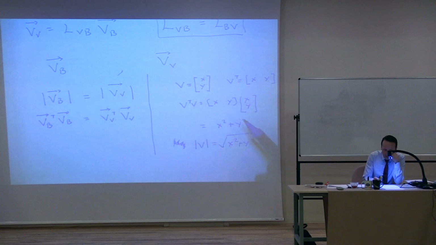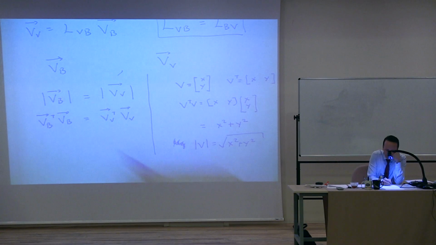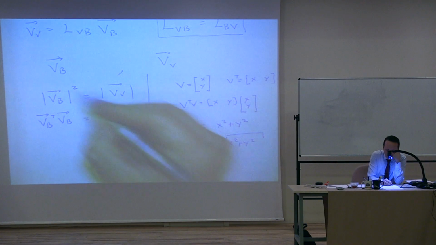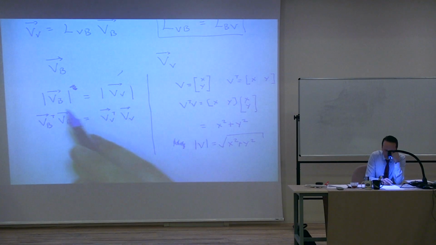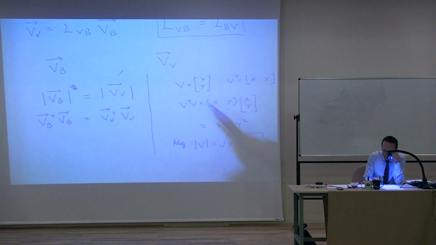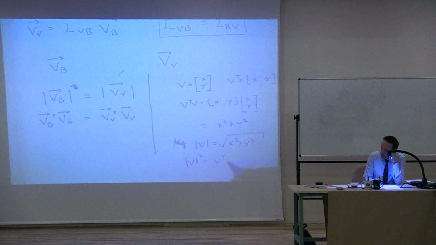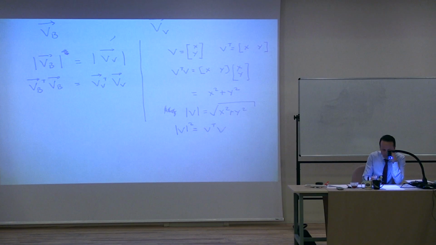So if you do this, V transpose times V will give you x squared plus y squared. Sorry. If this is true, then this is true, which means it's the square of this one. It's basically V transpose times V. Understand that?